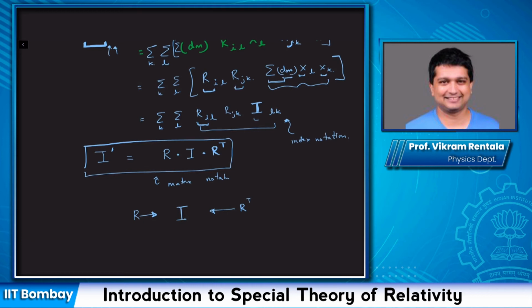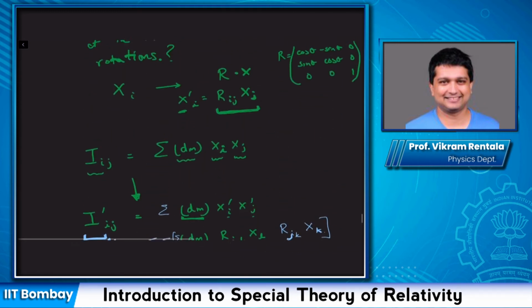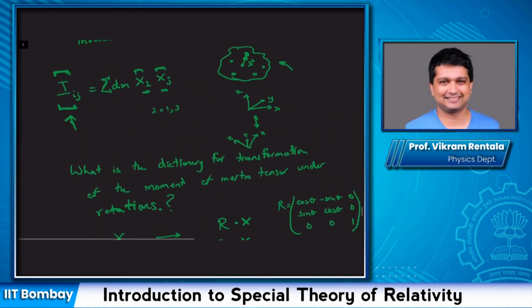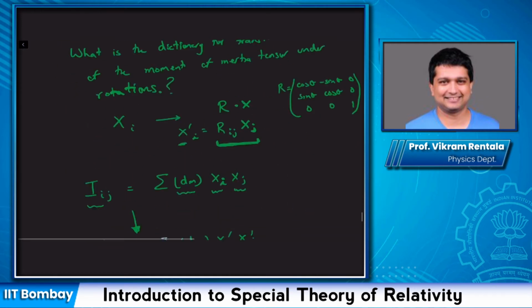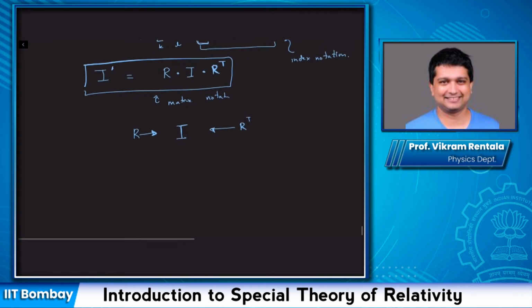Okay. Now you could imagine constructing more complicated objects hypothetically. We don't know what physical quantities they describe, but in principle we could construct something like x_i x_j x_k.